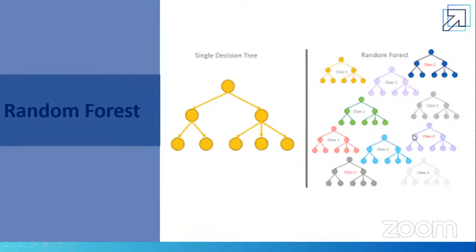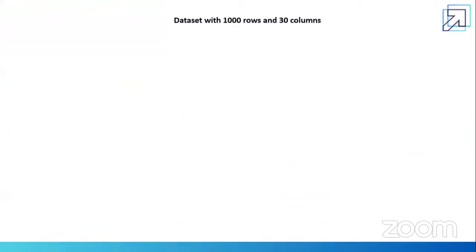So what will be the final resultant of random forest algorithm? The final resultant will be the majority of the output from each decision tree. That is, the majority of the output from each decision tree will be the output of random forest classification.